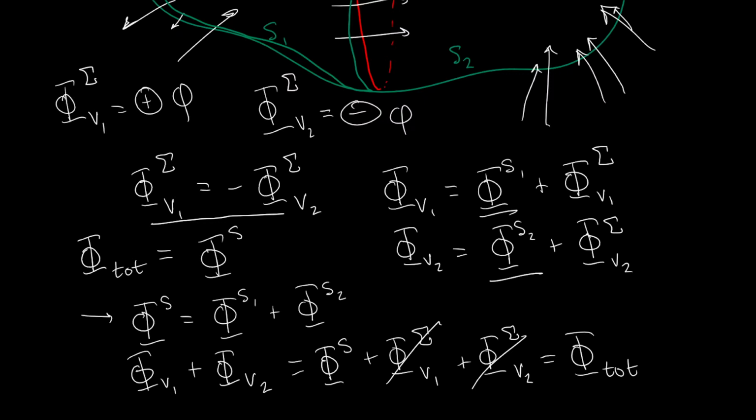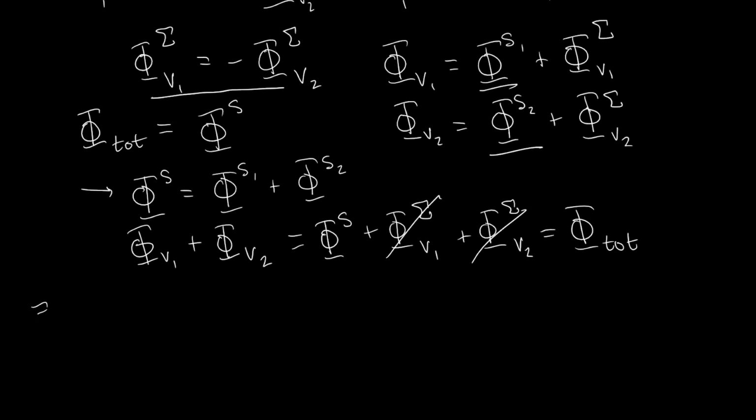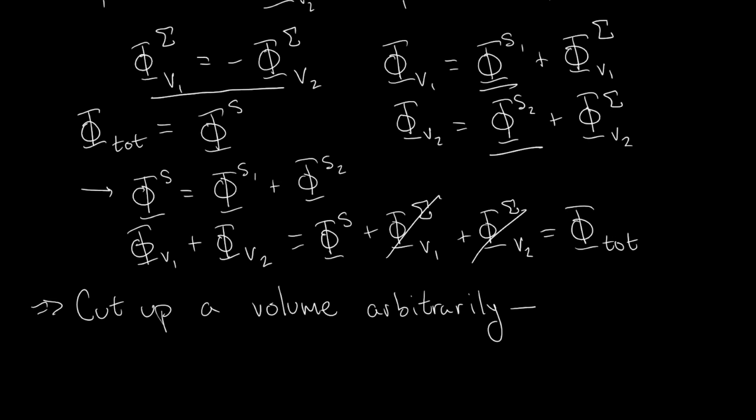This might seem obvious, but it's very important to show it explicitly because this means that I can cut up a volume arbitrarily, and as long as I sum the fluxes from all of the subvolumes, I still get the total flux.